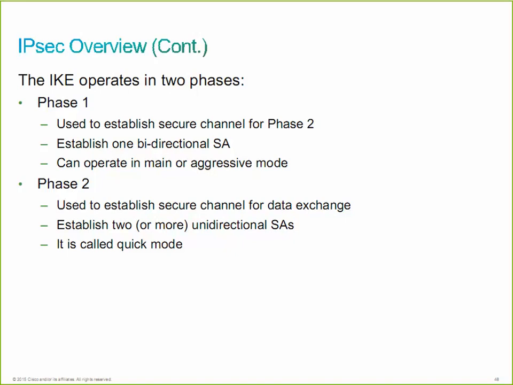There is a benefit of aggressive mode. It does pre-shared key authentication for dynamically addressed peers, because now I can identify those peers because the peer information is being sent over the channel.